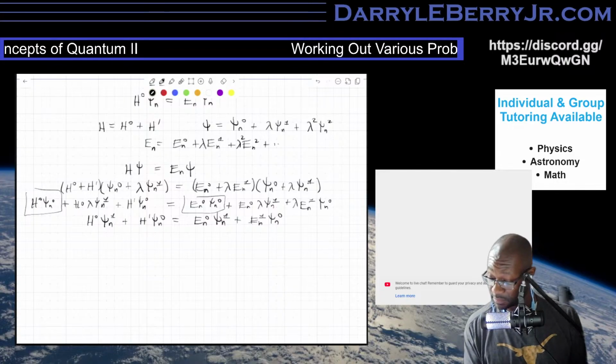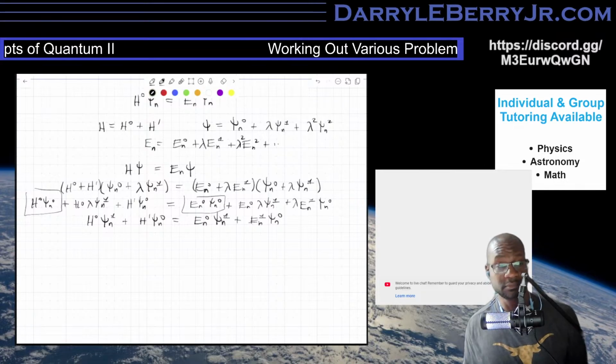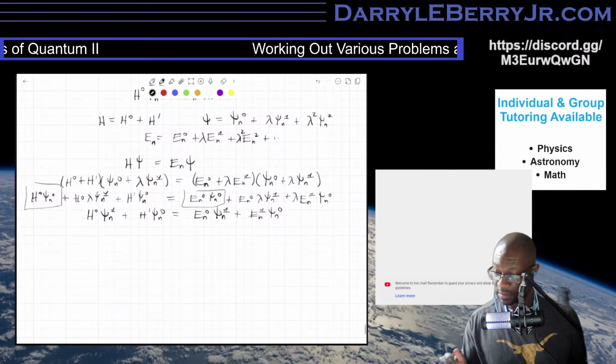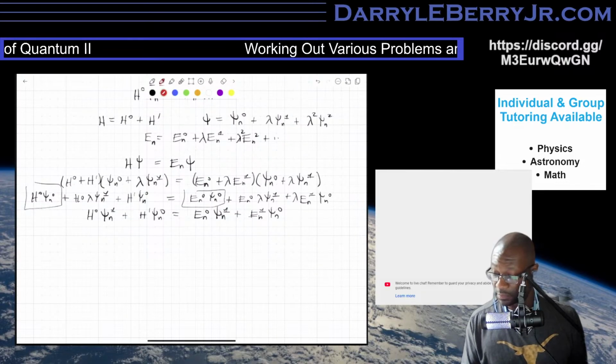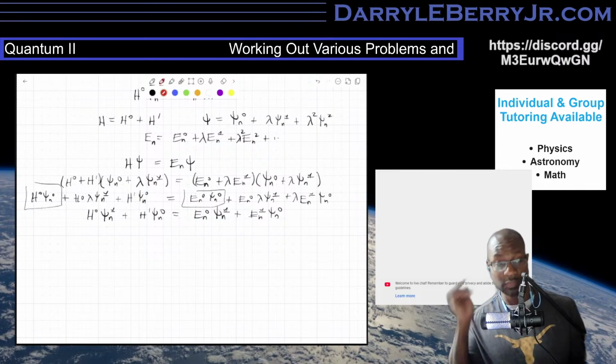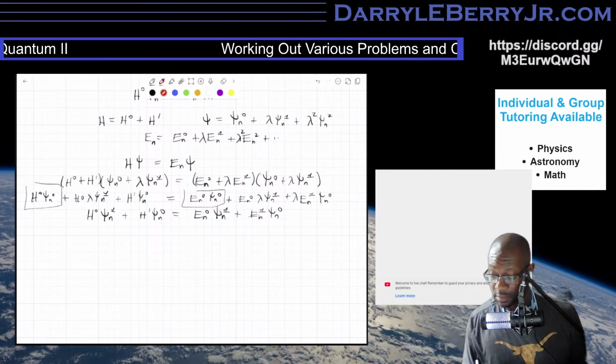So the next step, to find En1 the original way, is to multiply by the psi n naught bra.